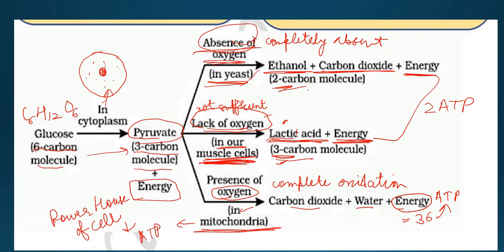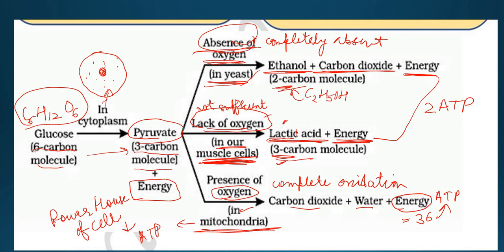Now the formula I can write: C2H5OH. This is your ethanol. So this is your flow chart: how a 6 carbon molecule, your glucose molecule, gets broken down in cytoplasm. So this is a very important question from your examination point of view.